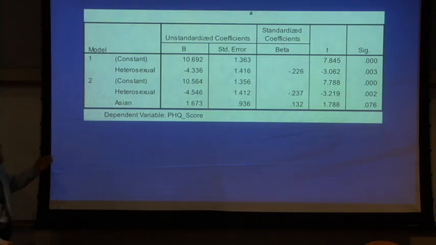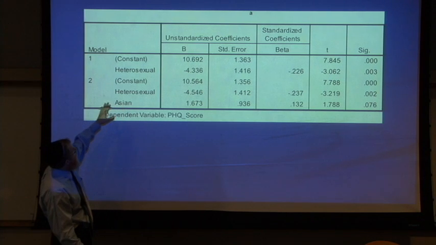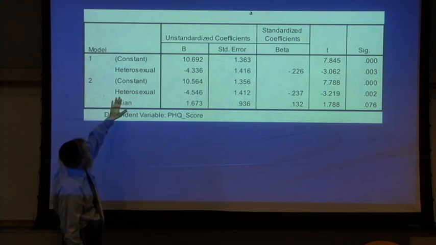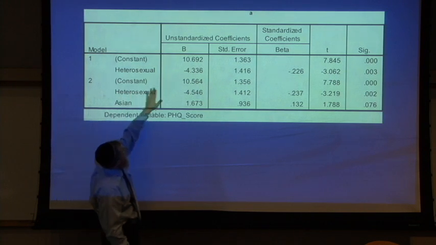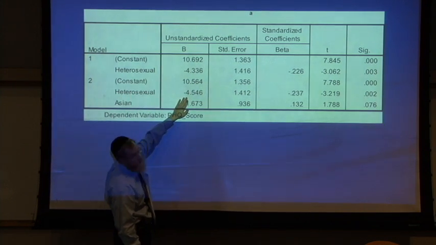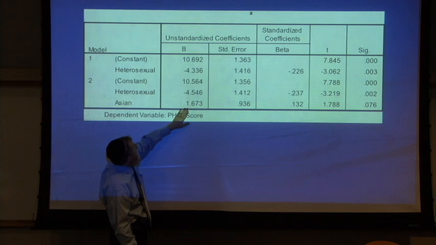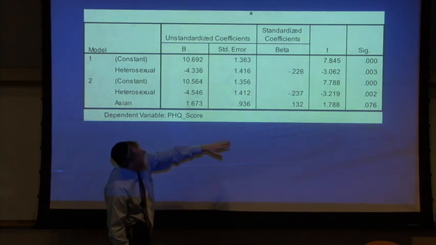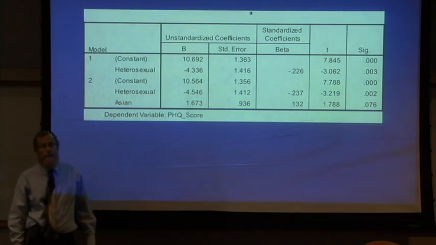In this case, it had the results for each of the models, and the second one was the last one. That's what I'm interested in. Here's my constant, my coefficient for heterosexual, and my coefficient for Asian, and I've got my p-values in the model.